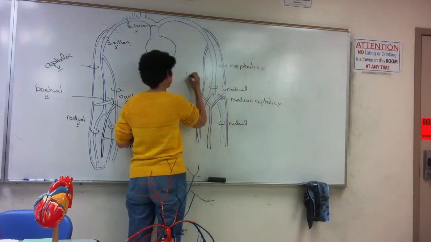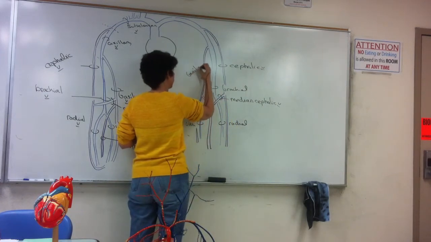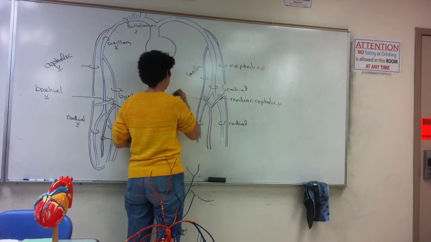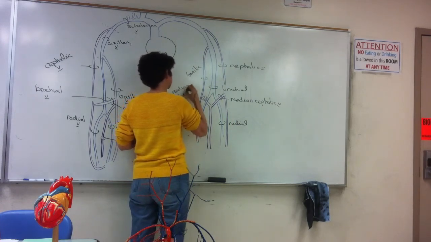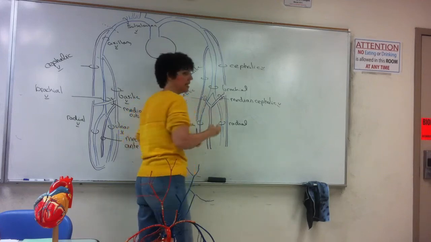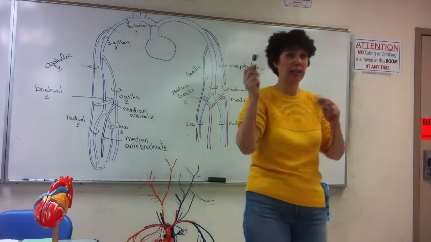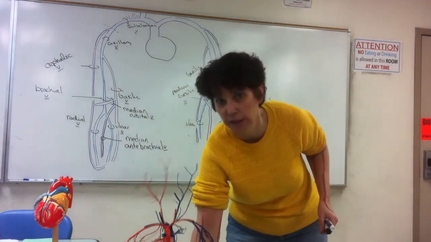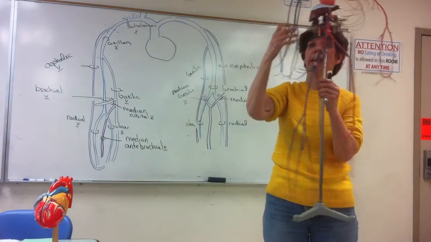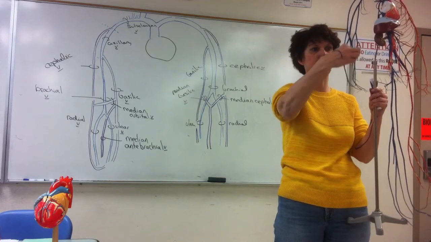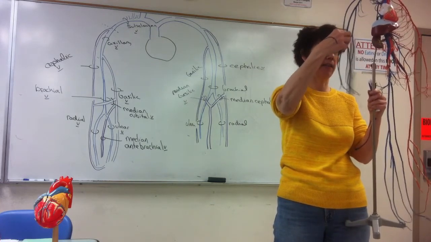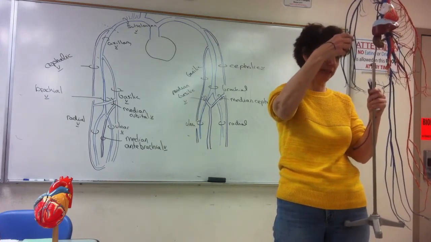And this is basilic on the medial aspect, and that would be median basilic. So there is no median cubital. I didn't used to bother with this, but the models show both, and students would get confused as to which they were looking at. So here is that Y pattern. So here would be median antebrachial, median cephalic, median basilic.